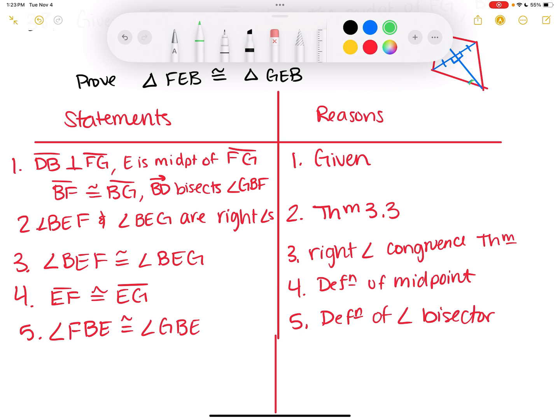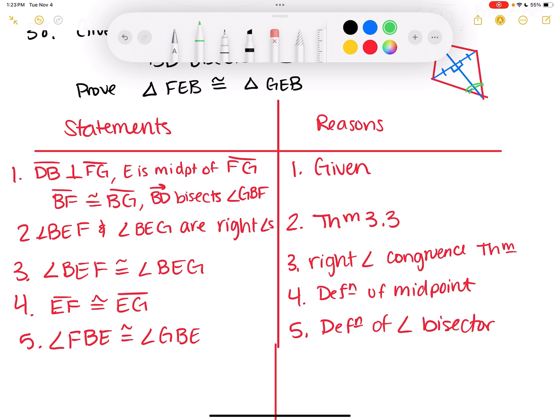Alright, so I've shown that these two things are congruent here. So if this angle is congruent to this angle over here, and this angle is congruent to this one, what else do I know? Sides or angles?